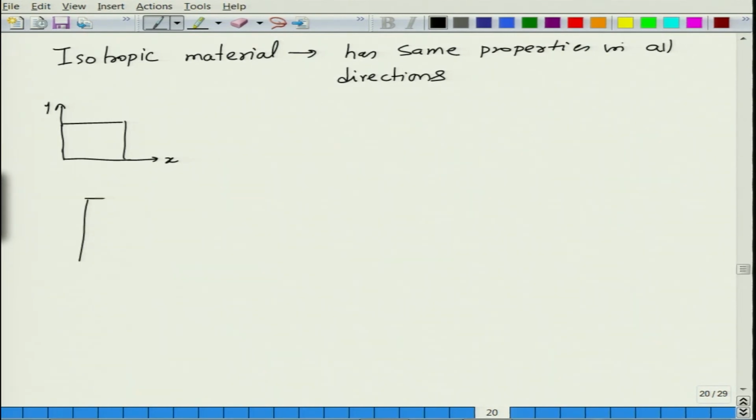So, let us take a bar in this case, and apply a tensile stress in x direction. If you apply tensile stress sigma x, then strain can be given as epsilon x, which can be written as sigma x divided by E. Here E is the Young's modulus and sigma x is the tensile stress in x direction.